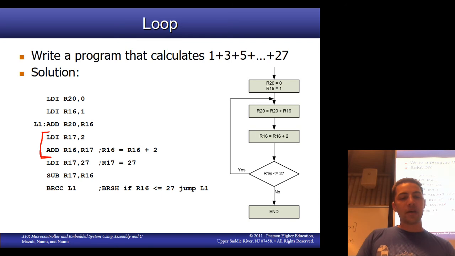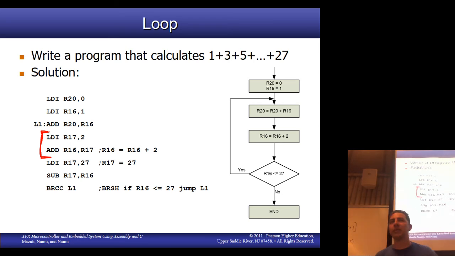This is my update. Every time through the loop, I load 2 and I do an add. That's the update. I suppose I could do increment twice, but this is how I chose to do it. At the end of the day, it's still 2 cycles. I don't think it really matters.